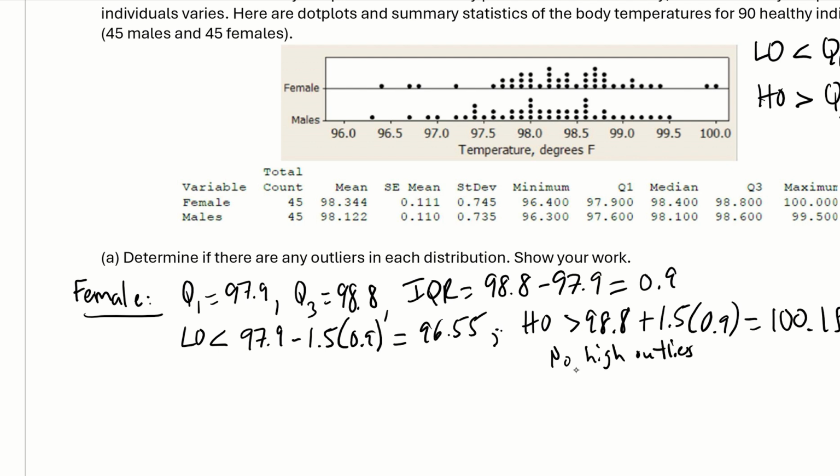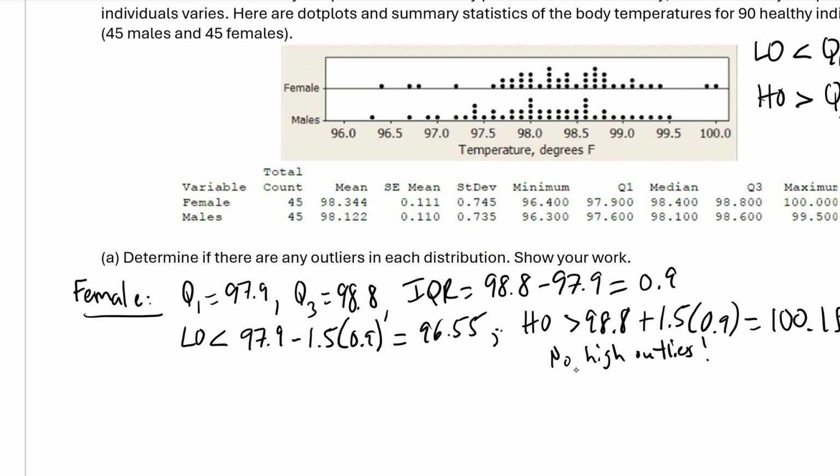Are there any low outliers for females? If we look at the minimum for females, it's 96.4. That's less than 96.55.